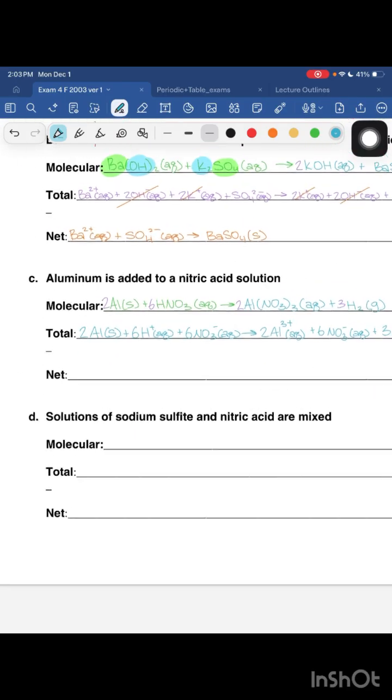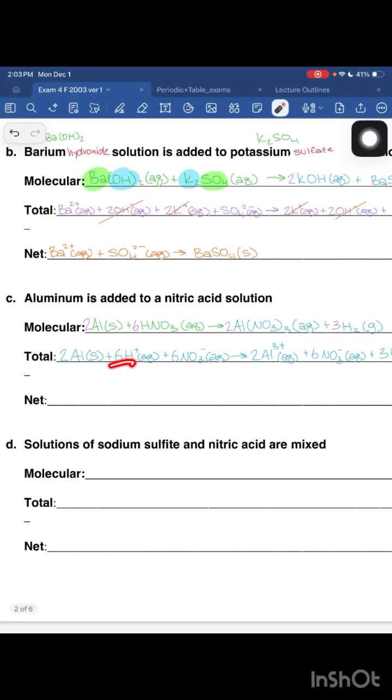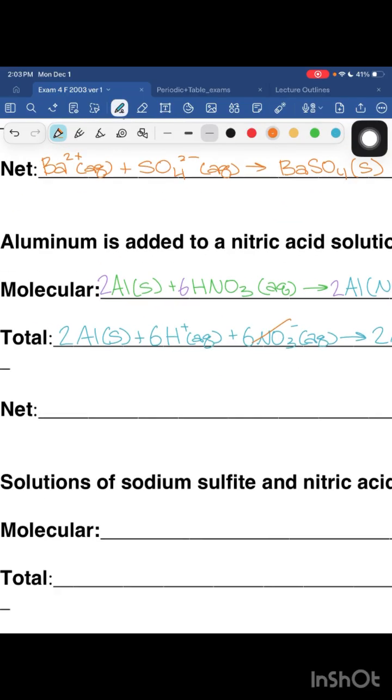We're going to take what's the same on both sides. Nitrate and nitrate are the only thing that's the same. The 6 hydrogens became the hydrogen gas, and the aluminum became ions. So the only thing we're crossing out is nitrate. That's the only spectator ion.